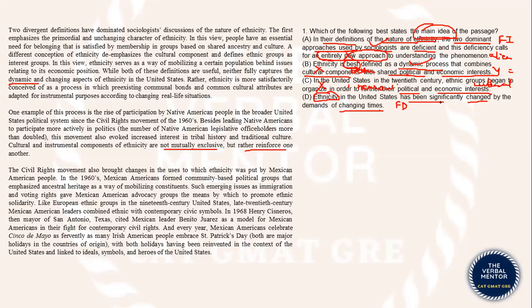Ethnicity has not changed, because that would imply earlier different ethnic groups resided in the United States, and now different ethnic groups have come to settle there. That idea is totally different. The idea of ethnicity has been changing. Ethnicity per se has not been changing. So this is factually distorted. We'll have to go with option B as the best available answer.